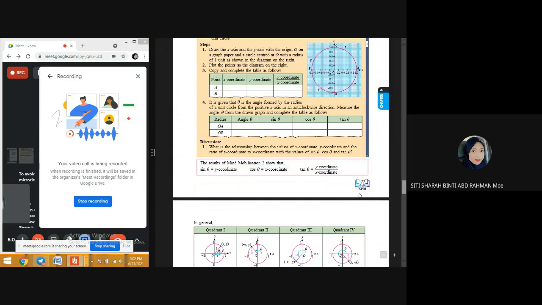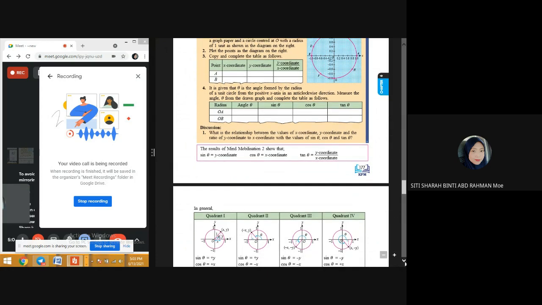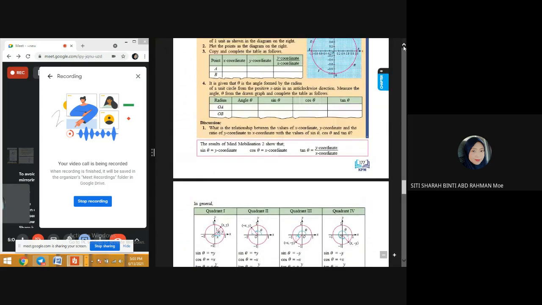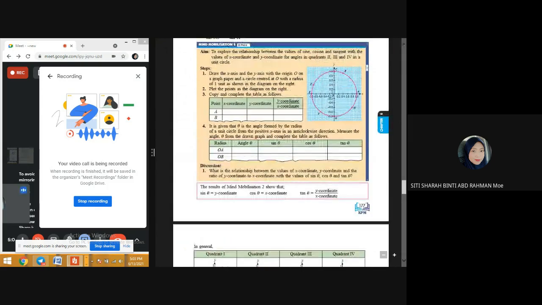So if we have this triangle, we have the point, and the line is 1 unit.